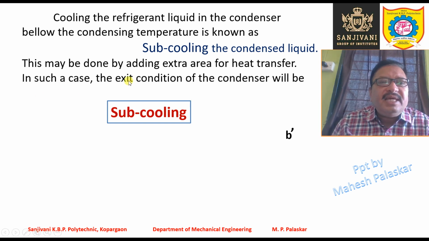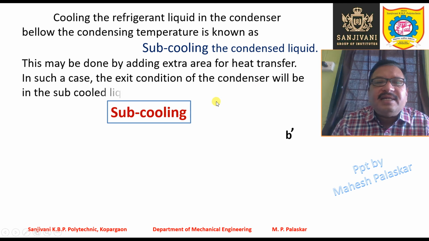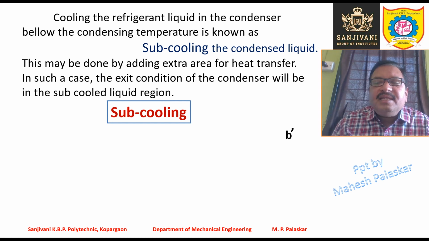So in such a case, the exit condition of the condenser will be in the subcooled liquid region. The refrigerant which is leaving the condenser will be in the subcooled region, not on the saturated liquid line.